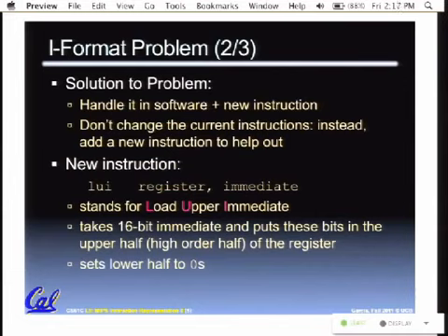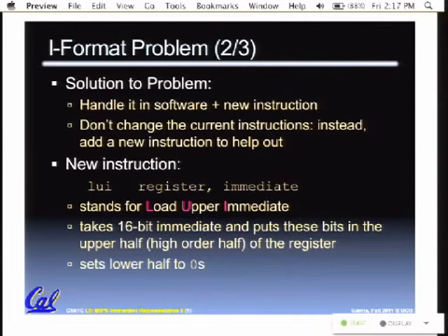So the solution is to create a new instruction. In addition to OR immediate, which I just mentioned, we'll have load upper immediate. I'll explain how these two instructions work together to solve our problem. Whenever you're trying to store a 32-bit number into a register, you'll call two instructions. The first instruction will store the first half of your 32-bit value, and the second instruction stores the second half of it.